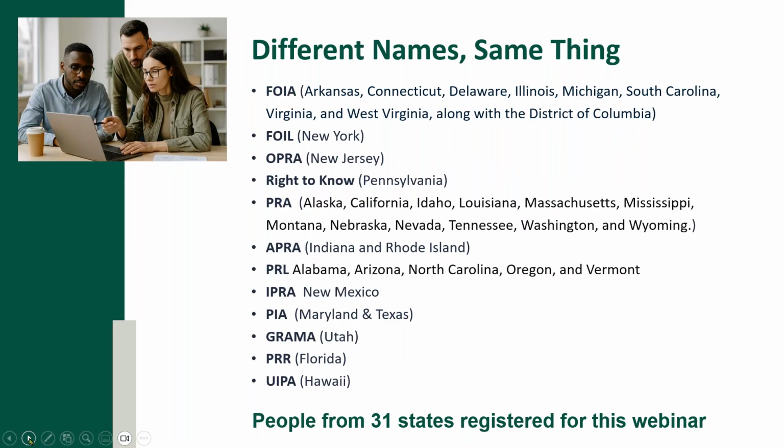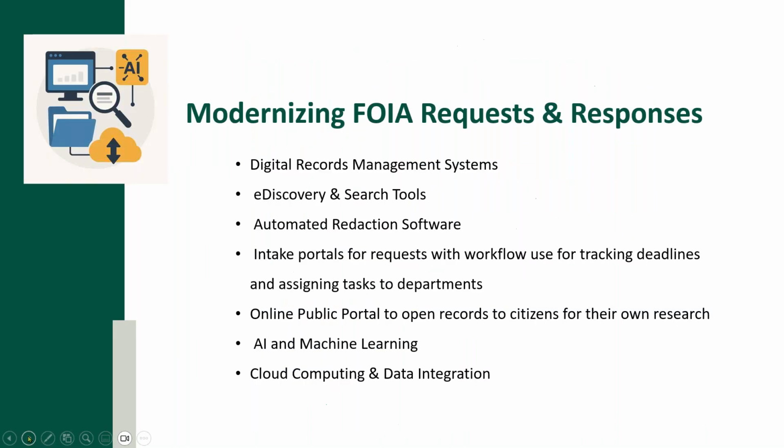We have the Freedom of Information Act, and many states follow the federal, but then there are things like public records requests, the Uniform Information Practices Act, that's Hawaii, the Public Records Act in California, and Alaska and Idaho. So you can see there are varying names for the same thing. They have different laws and different mandates, but the foundation of all of those laws and names is the same: to share information with the public.